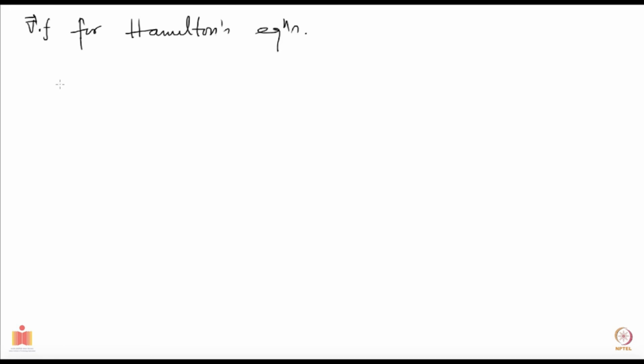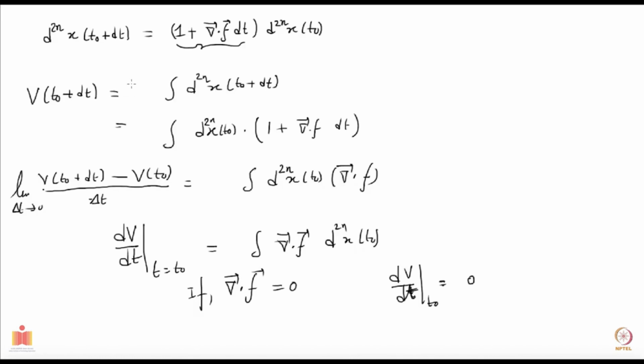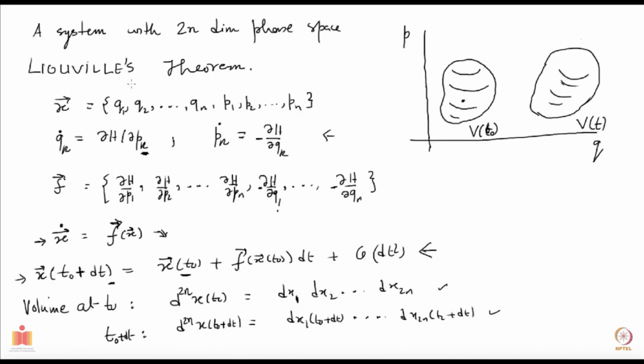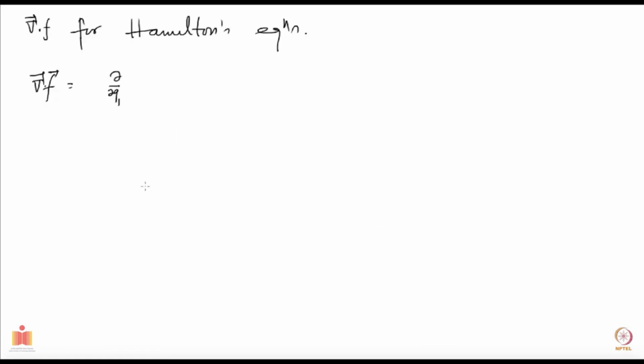Your divergence of f is, let's recall, delta by delta q1, that's the first coordinate, and then recall what f was. f was delta H over delta p1. Similarly you keep on going up to qn, and you have delta H over delta pn.